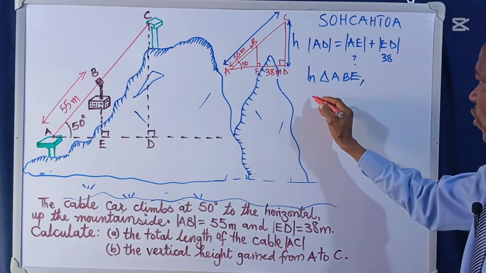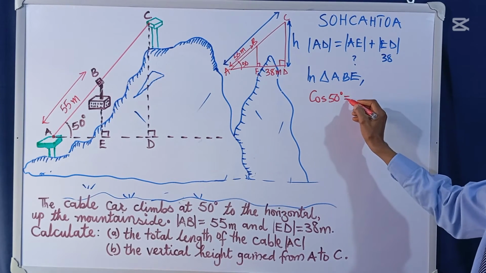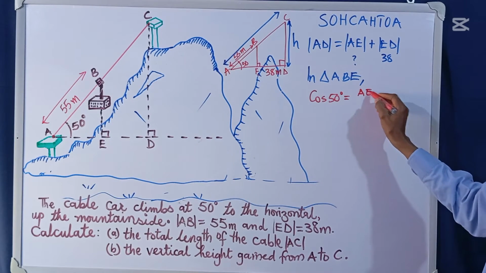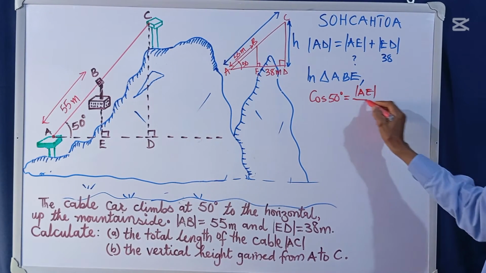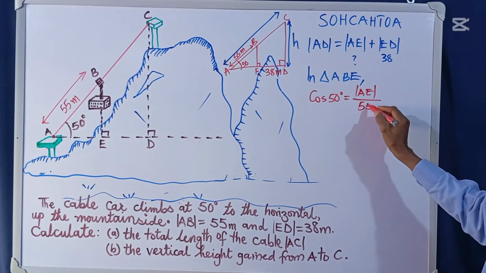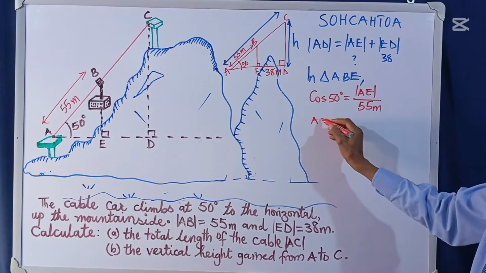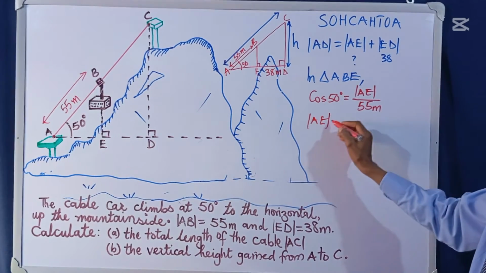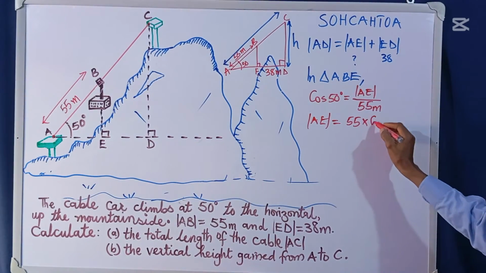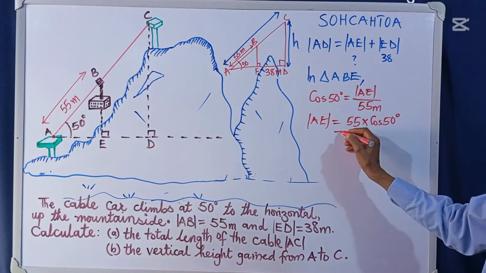So that is going to be cos. We say cos 50 degrees is equal to AE over 55 meters. This simply means AE is equal to 55 multiplied by cos 50 degrees.